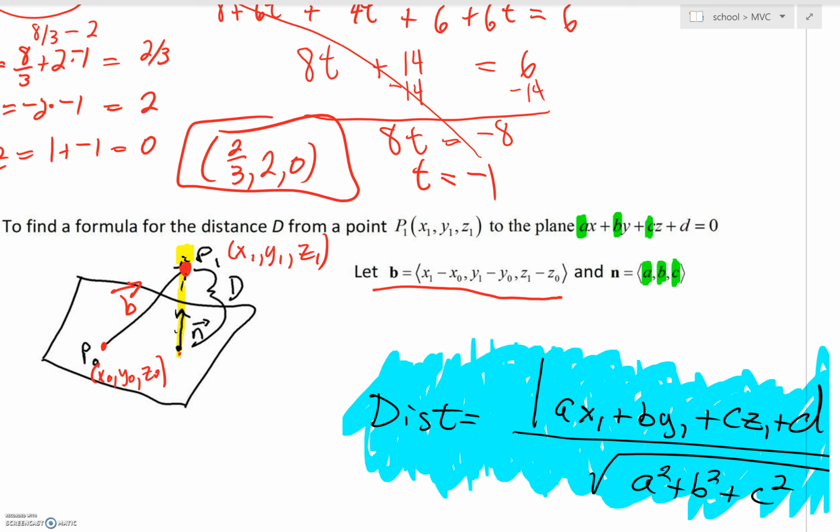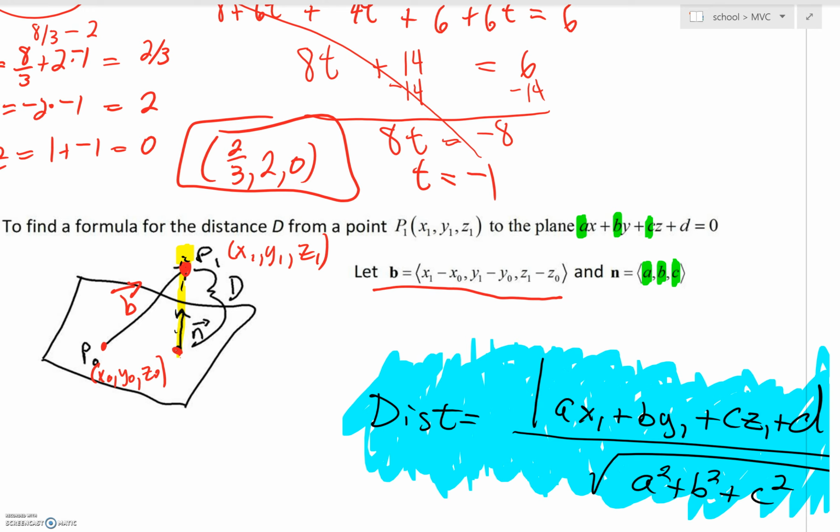And right now, we're trying to find the distance from P1 down here to the very bottom of that normal vector. It's that yellow segment, in other words. Could we find it?